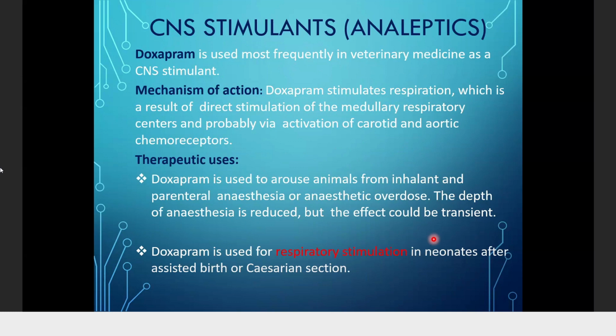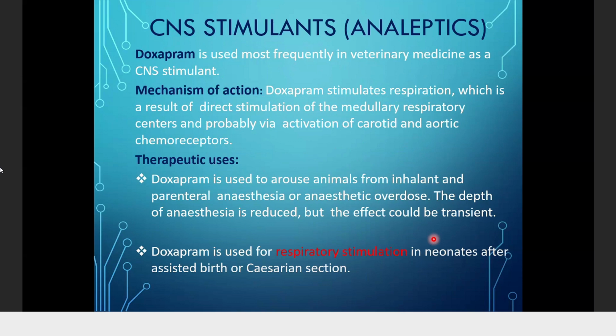This will stimulate the CNS. So the mechanism of action: it stimulates respiration, as a result of direct stimulation of the medullary respiratory centers, through the activation of the carotid and aortic chemoreceptors.